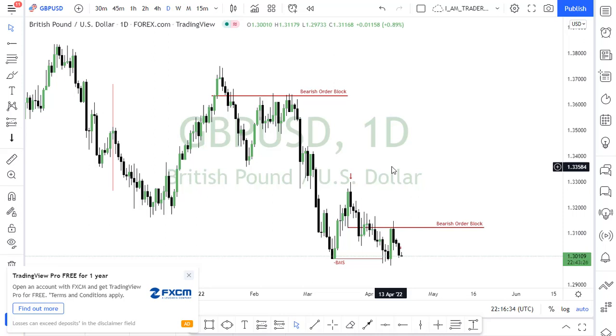So if GBP/USD is going to sell, and tomorrow is Tuesday, I will be hunting for a sell during London session or New York session, or during London Q zone or New York Q zone.